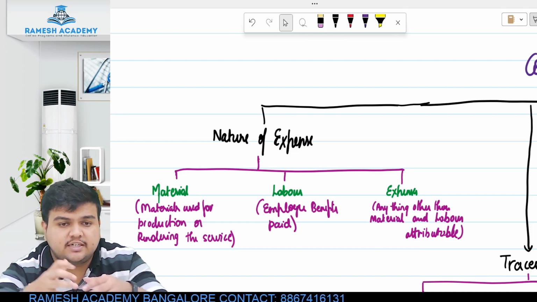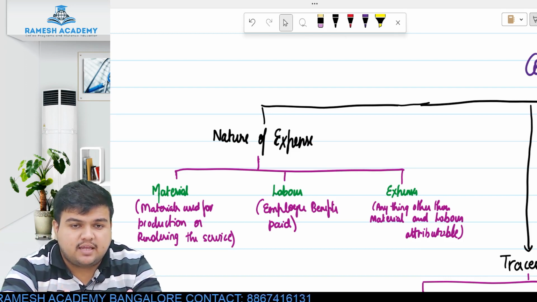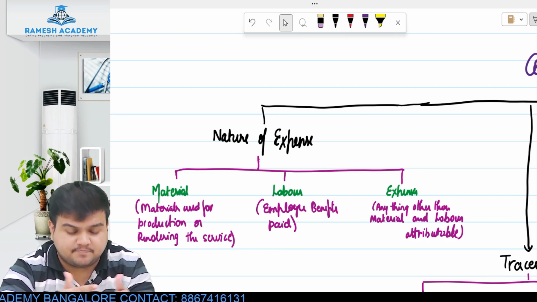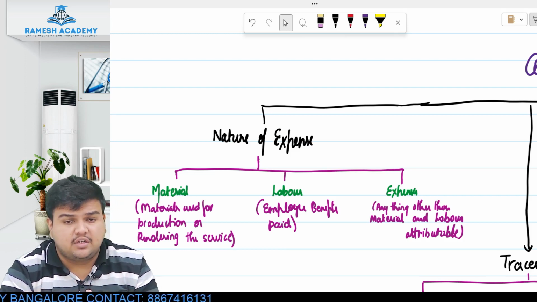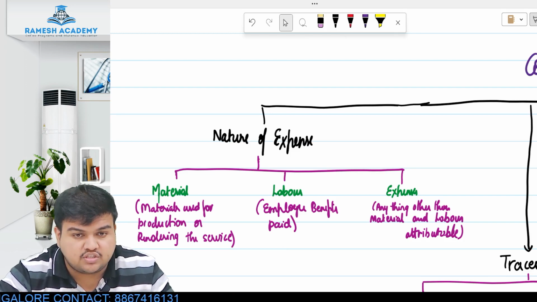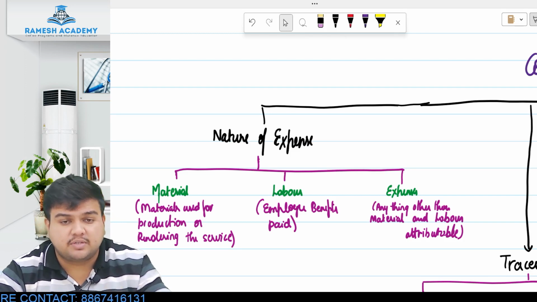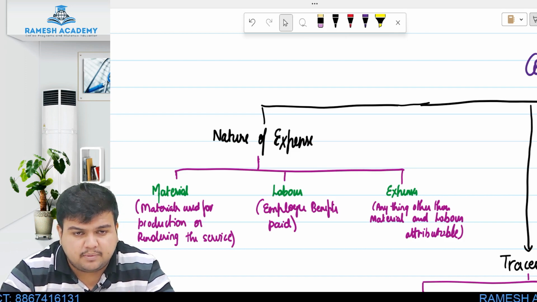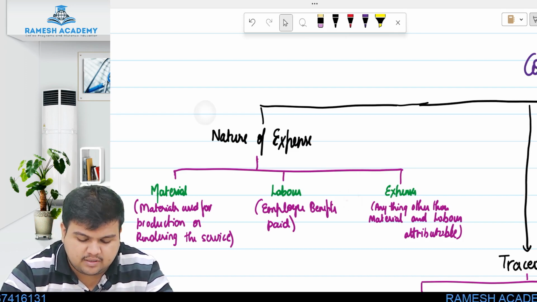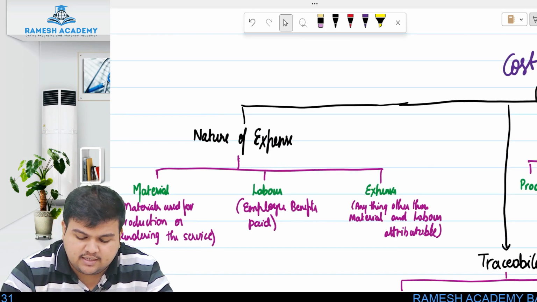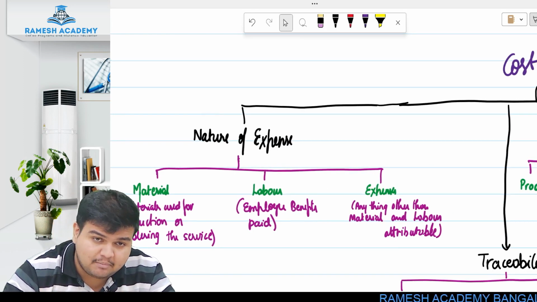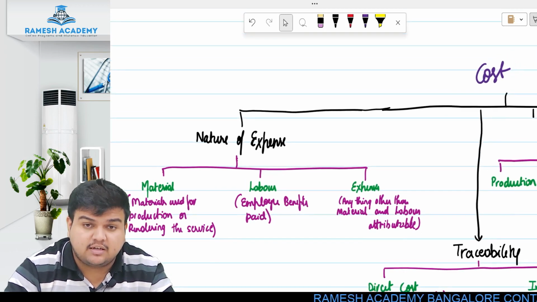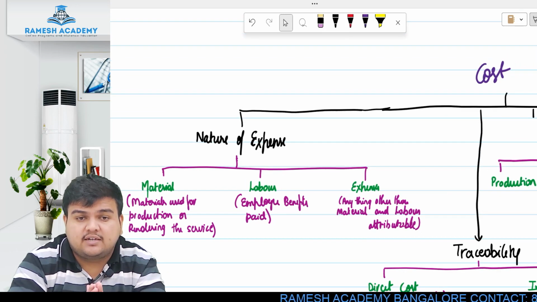Whichever nature it depicts, that is how you should record it. Material is used for production and rendering the service. Labor is employee benefits paid to employees. Expenses are anything other than material and labor which are attributable to production.